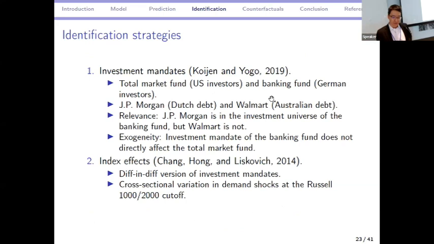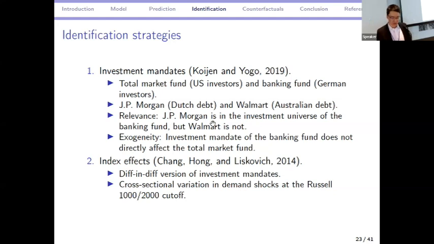So what does the original Koijen and Yogo paper do in terms of IV? Well, it's exactly this example, but replace US investors with a total market fund and German investors with a banking fund. And the banking fund can hold JP Morgan, but it cannot hold Walmart.